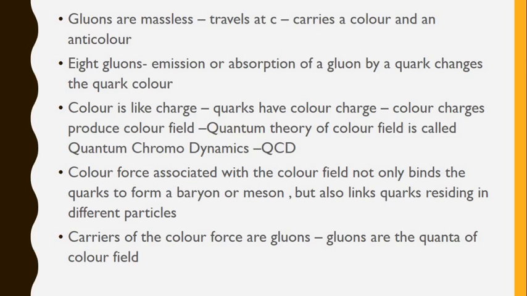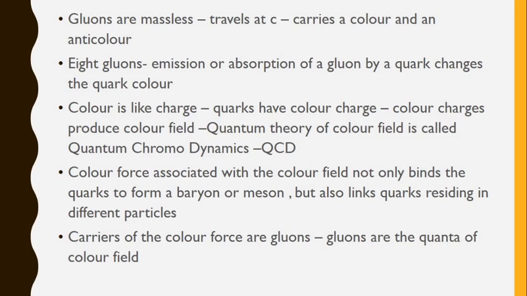That means it holds the quarks together to form a hadron, as well as links quarks residing in different particles. We said earlier that the carriers of color force are called gluons, and these gluons are the quanta of the color field. Quanta is an energy related term, isn't it? So it is the quanta of the color field.